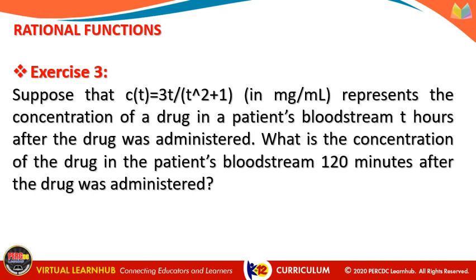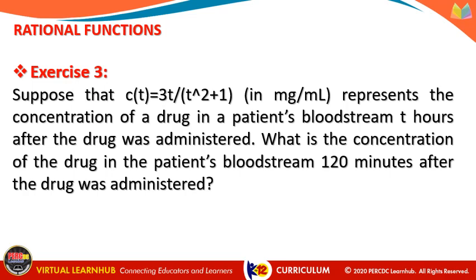What is the concentration of the drug in the patient's bloodstream 120 minutes after the drug was administered? Wait lang. Bakit parang same lang itong question na ito? Well, not exactly. There is a slight difference. Nahanap niyo na ba kung ano yung medyo iba sa tanong na ito?